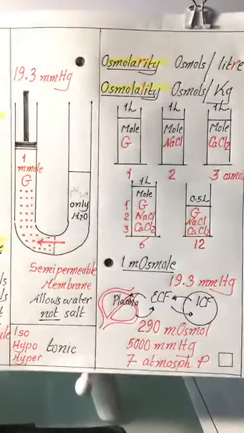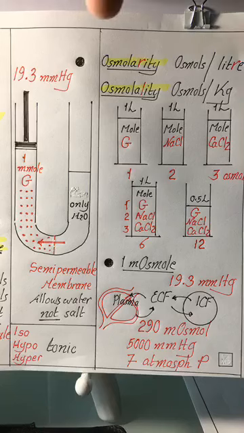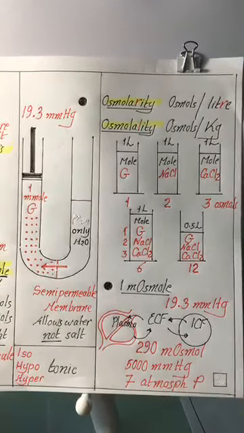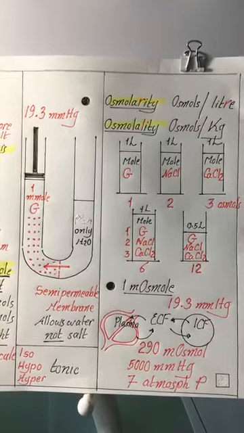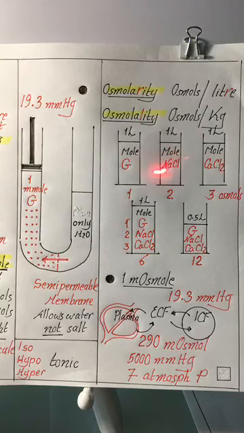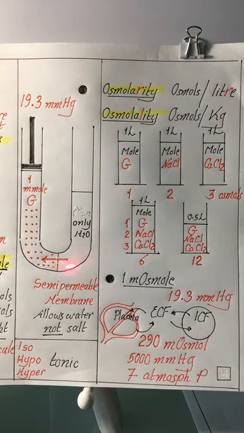We come to the problem. Before we come to the problem, we come to the 7th point. What is the relation between the osmosis and the osmotic pressure? We already said. Suppose that we put 1 millimole of glucose.